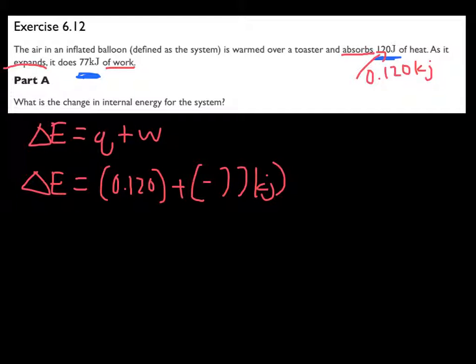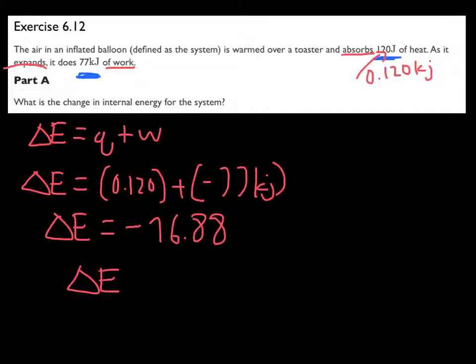Now let's just calculate that out real quick. We got 0.120 minus 77, and I got a value of delta E equals negative 76.8. How many sig figs do we have here? We have 2. So delta E equals negative 77 kilojoules.